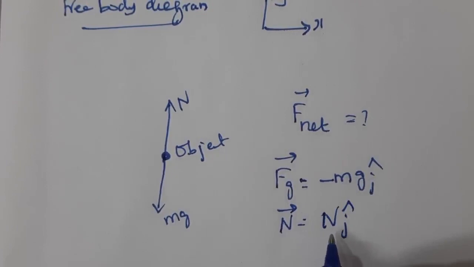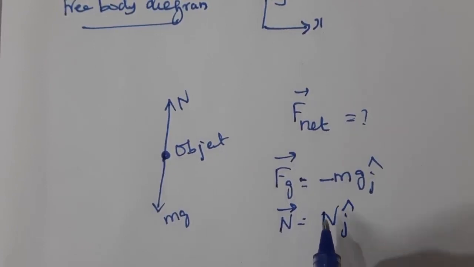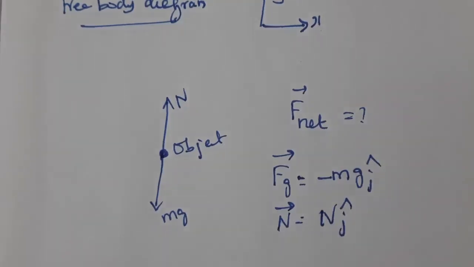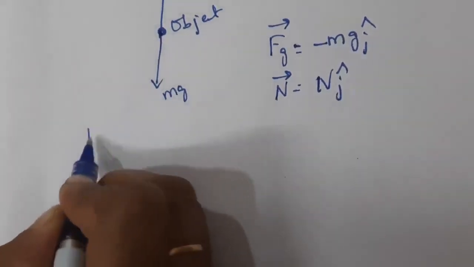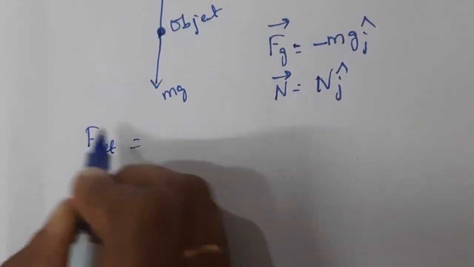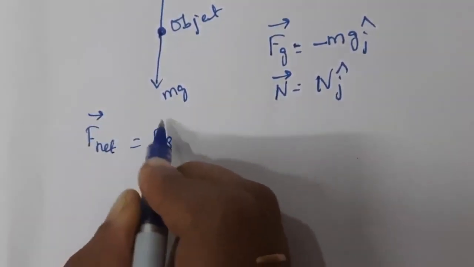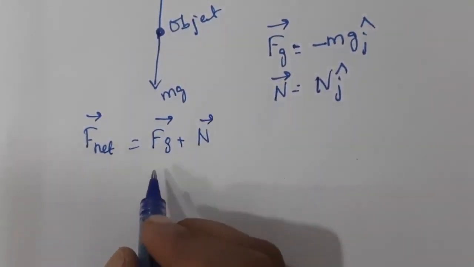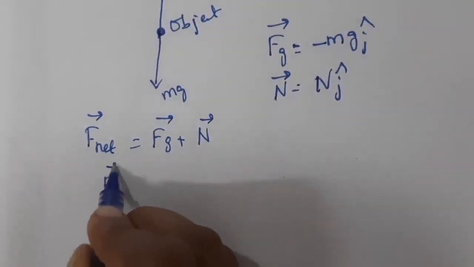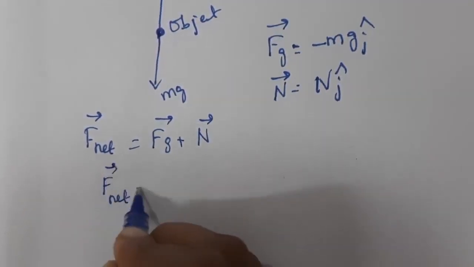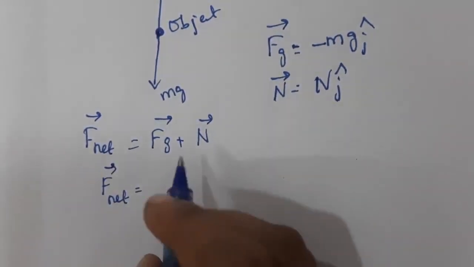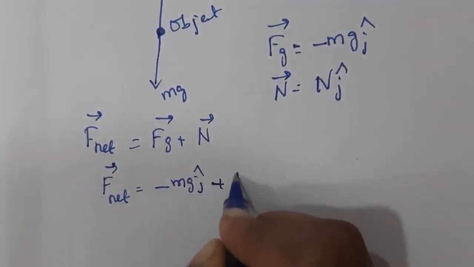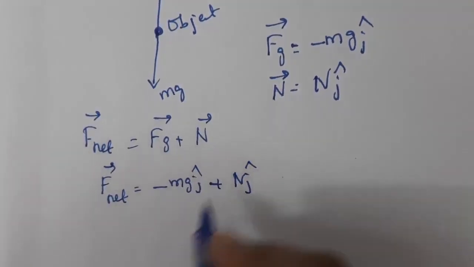This is acting in the positive y direction. So what is the net force? F net is Fg vector plus N vector. That means F net is equal to minus mg j cap plus N j cap.